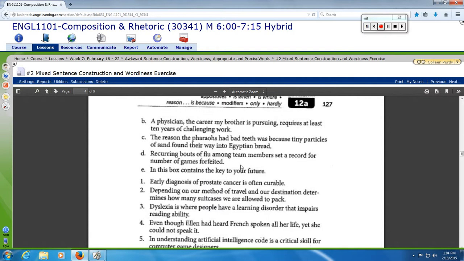Of flu is a prepositional phrase. Among team members is a prepositional phrase. So recurring bouts set a record. Well, recurring bouts don't set records. The record was a number of games forfeited. So here's how I would suggest doing that. Recurring bouts of flu among team members caused a record number of games to be forfeited.